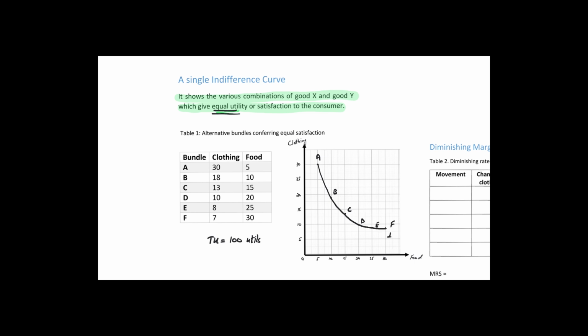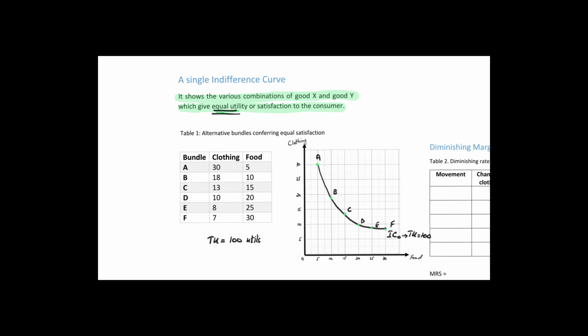I'll call it IC0, with the total utility derived being 100. That's my personal marking over there, just to show how much utility this is deriving. It's deriving 100 utils. Any combination I pick is going to give me the same utility. That means I am indifferent to any combination mentioned over here.